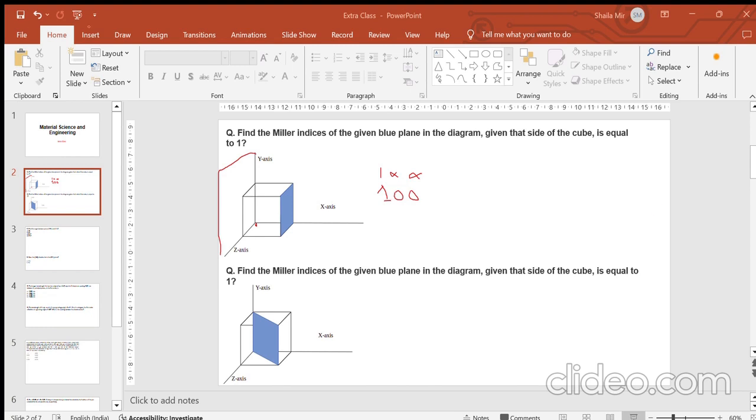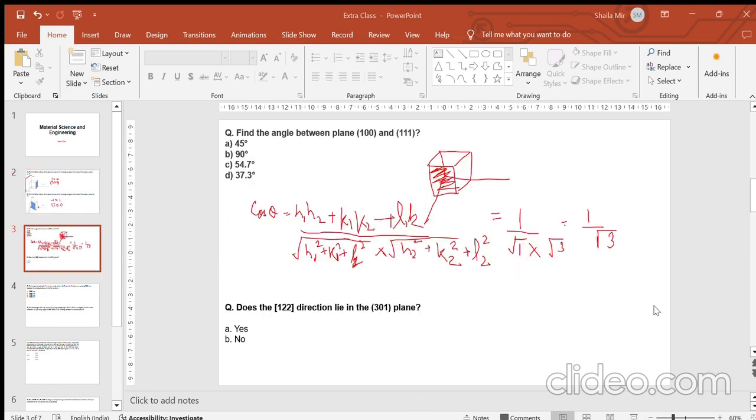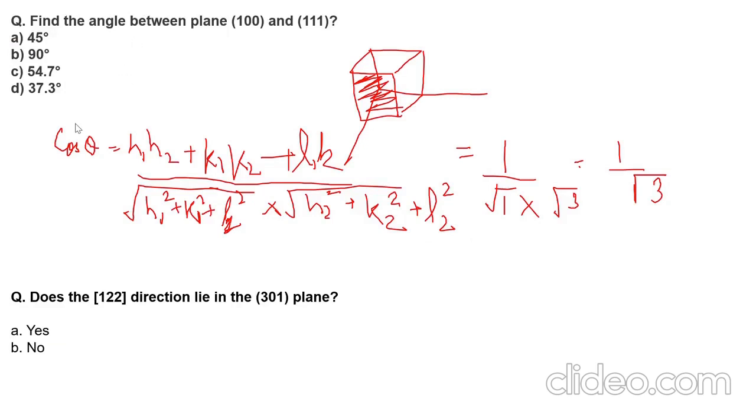So can you tell me what the angle between the two planes is? So what will be the answer? The value of theta? 54.73. Okay, so your option C is your right answer.